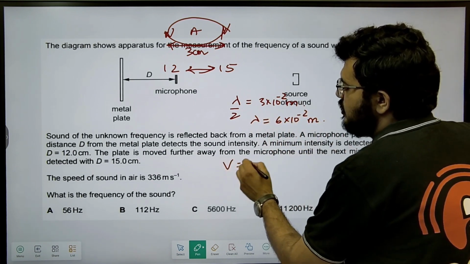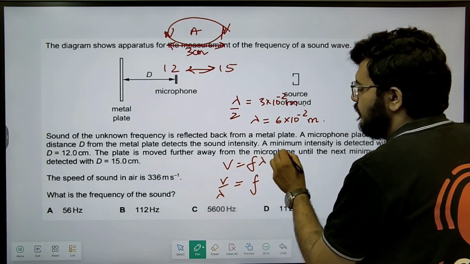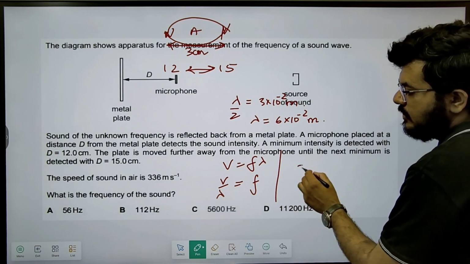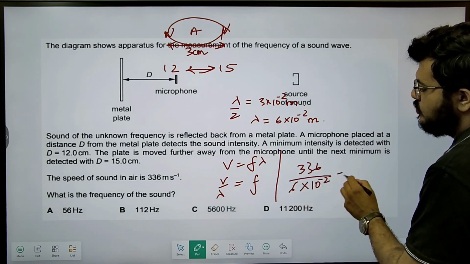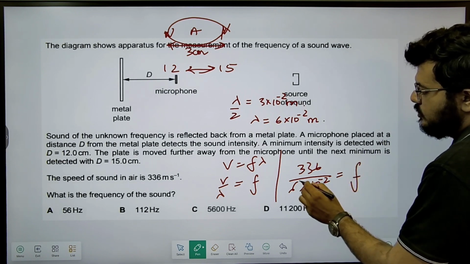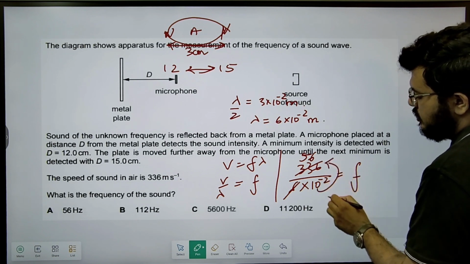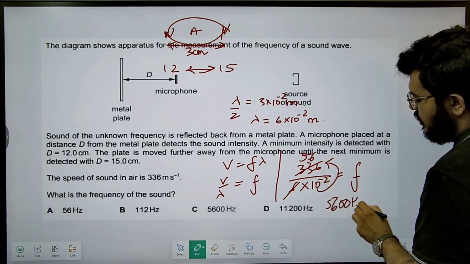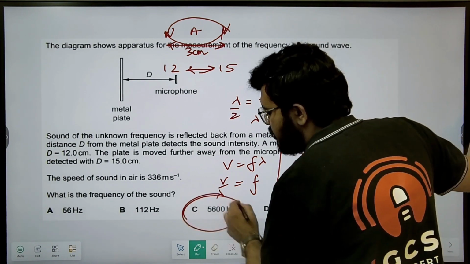We know that v is equal to f lambda, so f is equal to v by lambda. This means 336 upon 6 into 10 to the power minus 2 is equal to f. So 6 5s are 30, 6 6s are 36, so 5600 hertz is your frequency, which is option C.